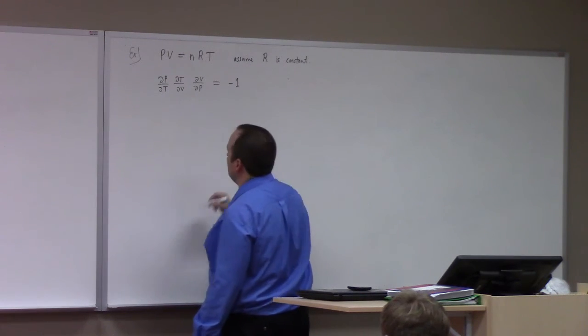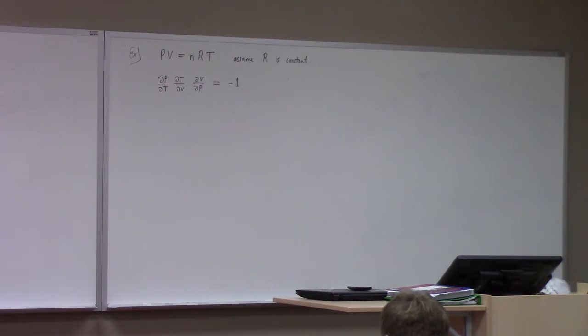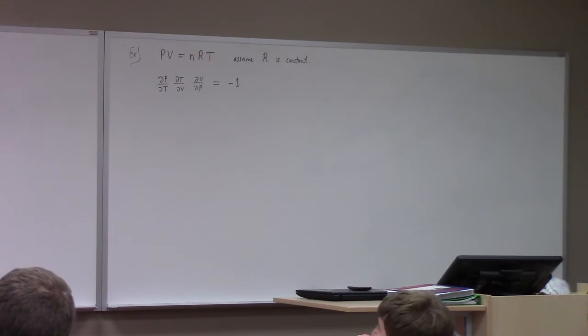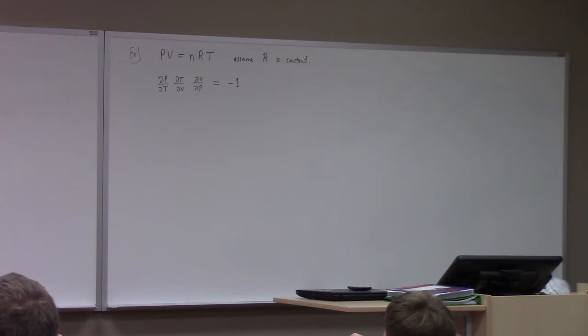Now, if you write this one expression with these three partial derivatives, it's implicit that you've got your feet in both worlds. One of those partial derivatives says that t and v are independent variables. Another suggests that v and p are independent variables. The third suggests that p and t are independent variables.